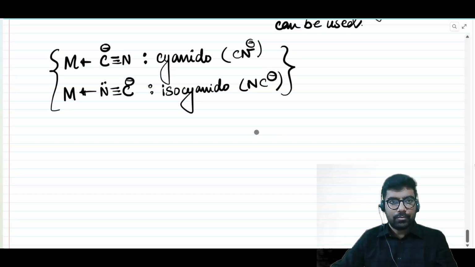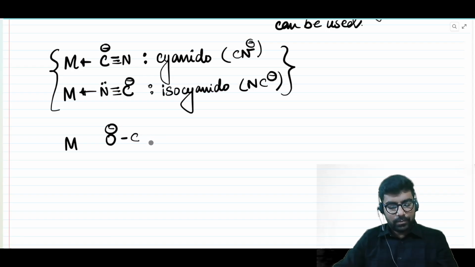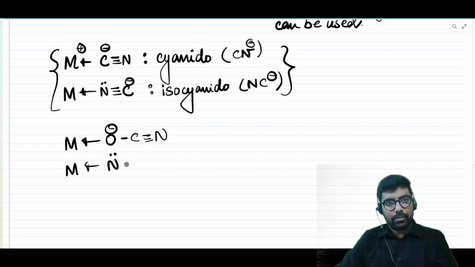Okay, next one. Metal is there. We have O minus, single bond C, triple bond N. Over here, oxygen is acting as a donor site. Or we have the metal and then the nitrogen lone pair acting as the donor, and C and O minus.